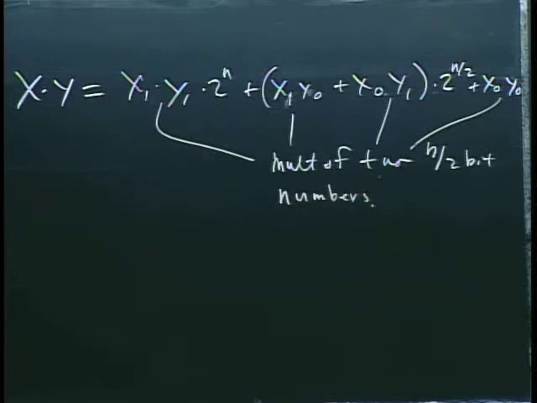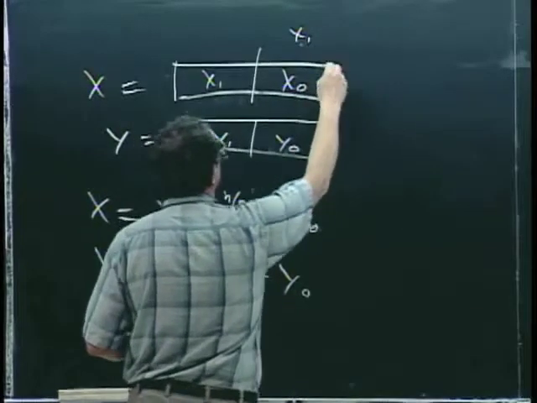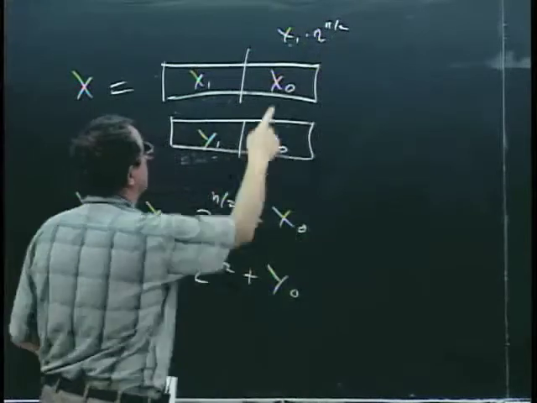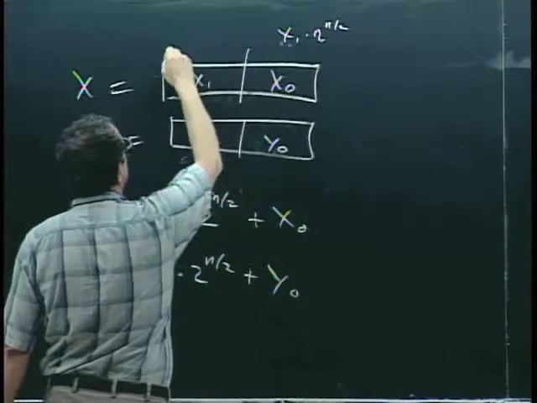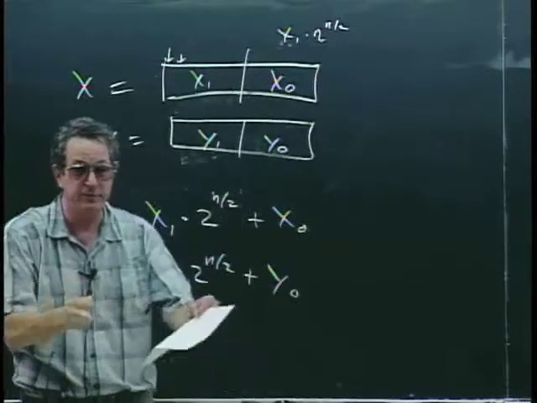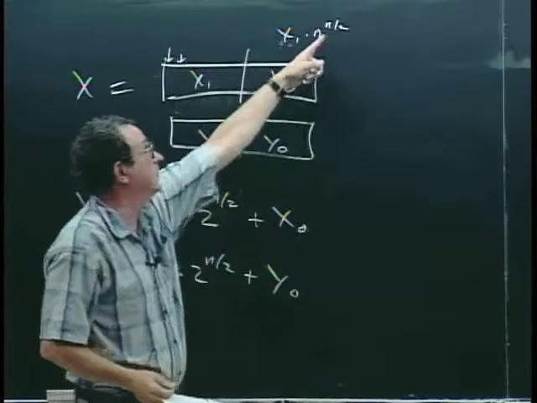In fact, you can think of it as just a placement or a rewriting. If I have x1 times 2 to the n over 2, what that means is that the first bit in x1 should be rewritten here. The next bit should be rewritten there. I don't actually have to shift one place at a time. I know exactly where they're going to end up because that's what's in the exponent.